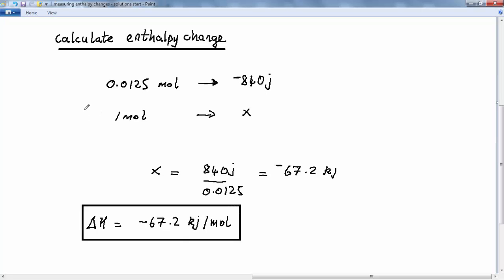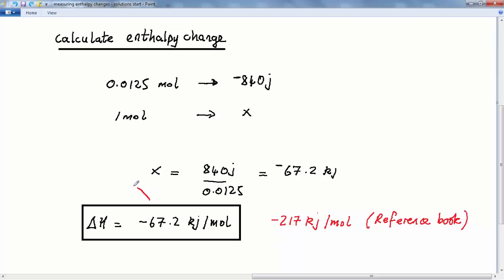Now the reference book value for the enthalpy change for this particular reaction is minus 217 kilojoules per mole. So as you notice, there's quite a large difference between the value we obtained in our experiment and the true value. So you'd normally need to explain this difference. Principally, the reason for this is that there were greater heat losses than you wanted.